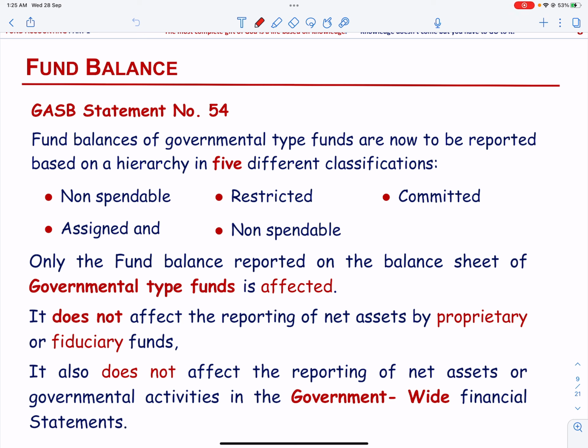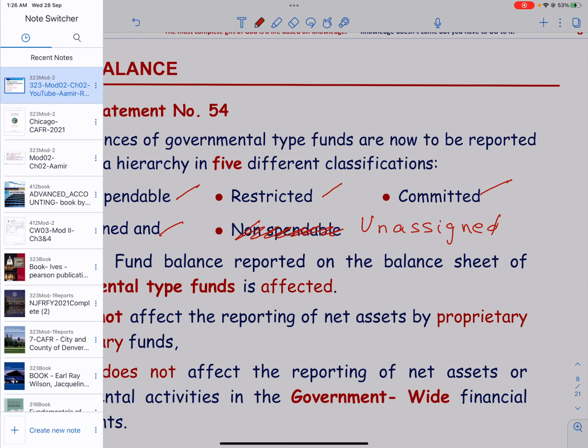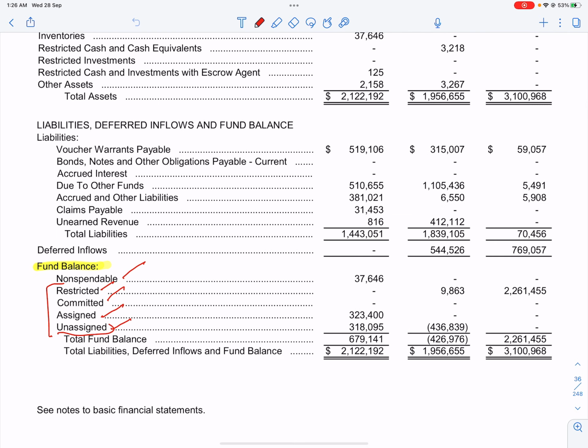We have non-spendable, restricted, committed, assigned, and, this is a mistake, this should be assigned and unassigned.